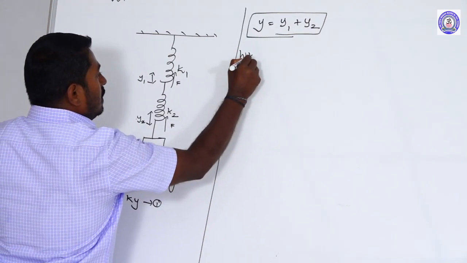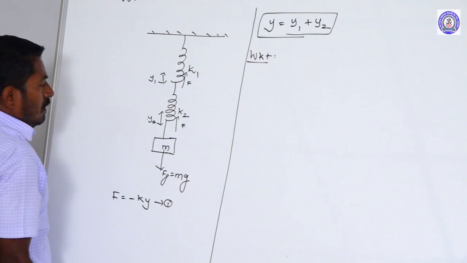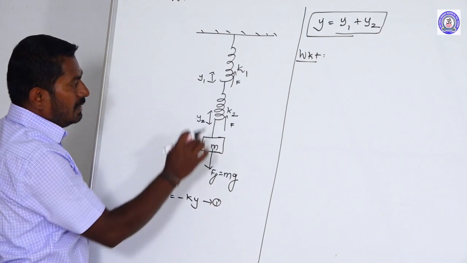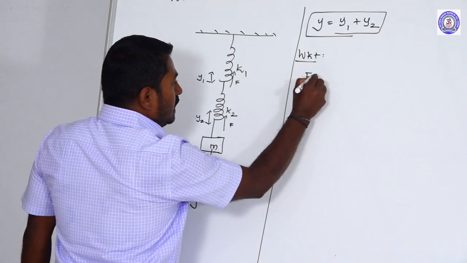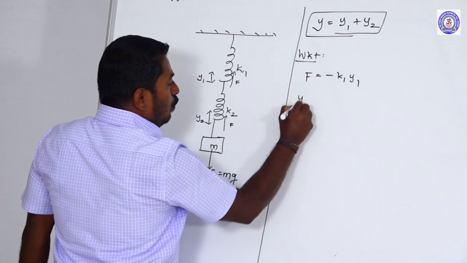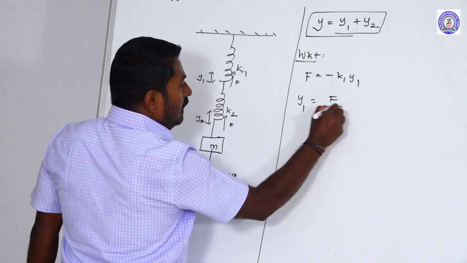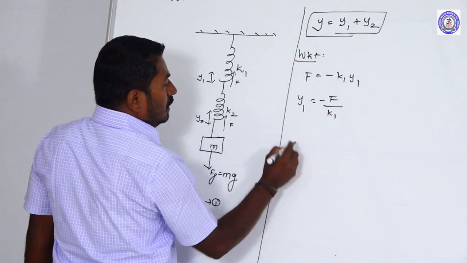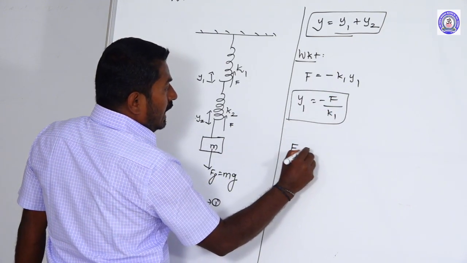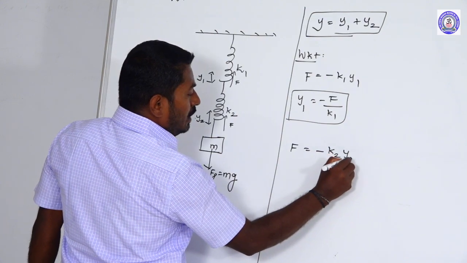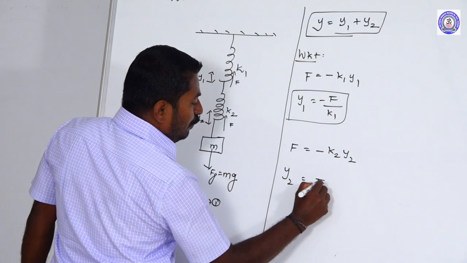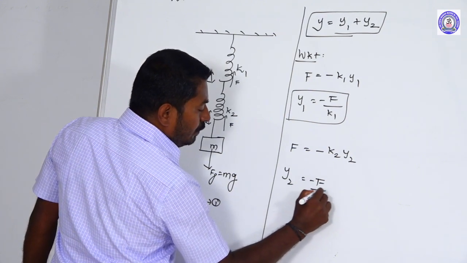So we know that the restoring forces exerted by both springs are the same. F is equal to minus K1 y1, so y1 is equal to minus F divided by K1. Then F is equal to minus K2 y2, so y2 is equal to minus F divided by K2.